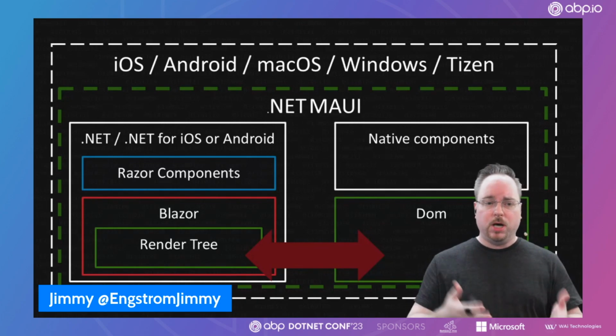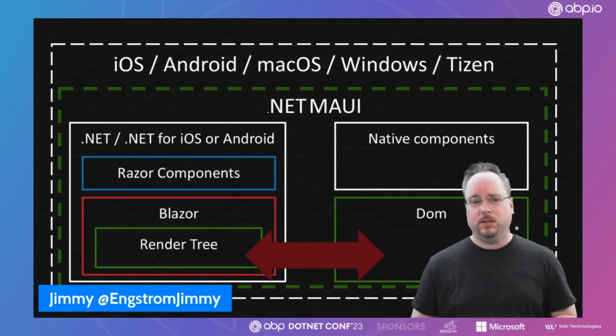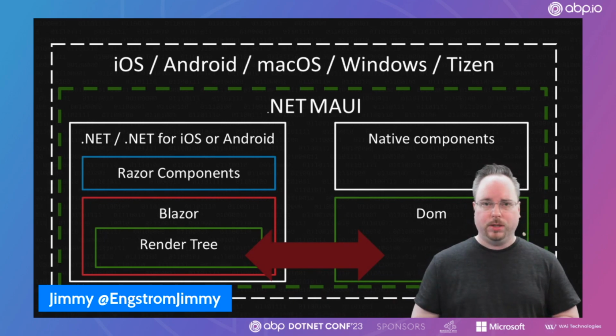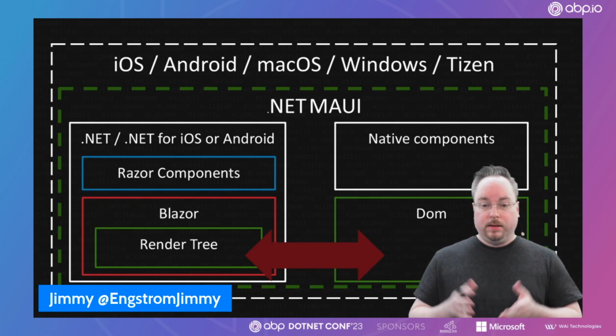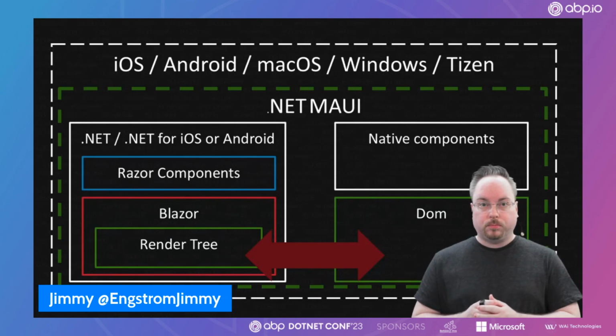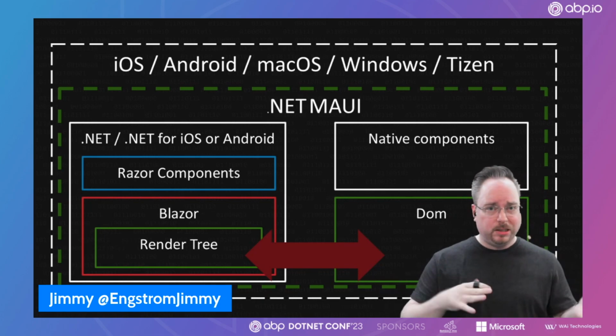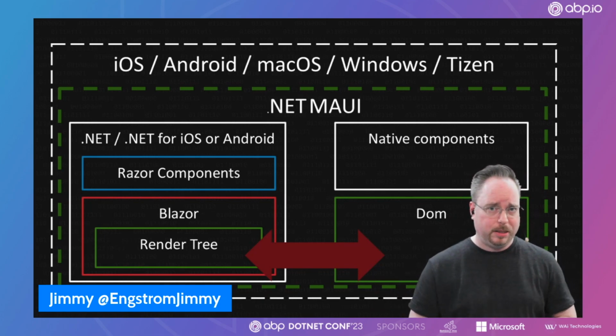We're running on top of .NET, or .NET for iOS and Android. Same Razor components, same Blazor, same render tree. And it's still updating the DOM. Now we have the option to also include native components.